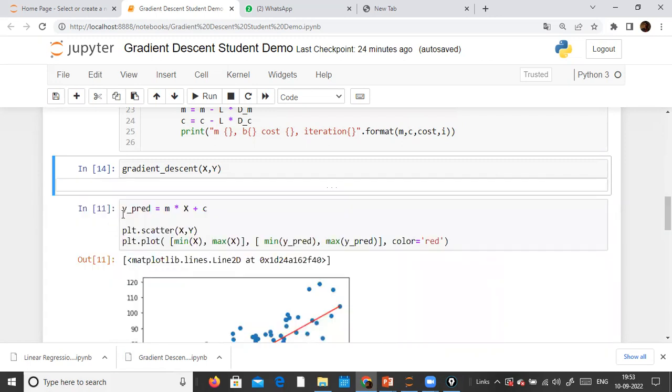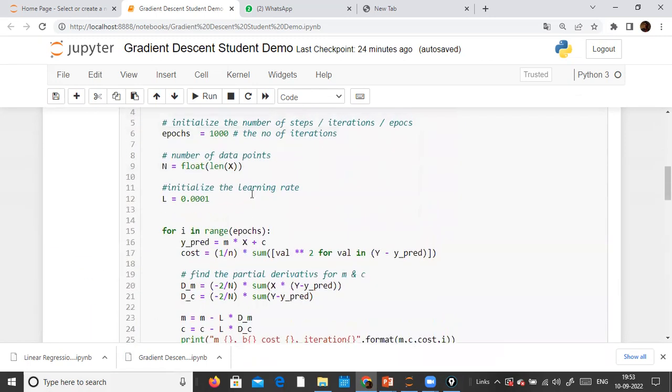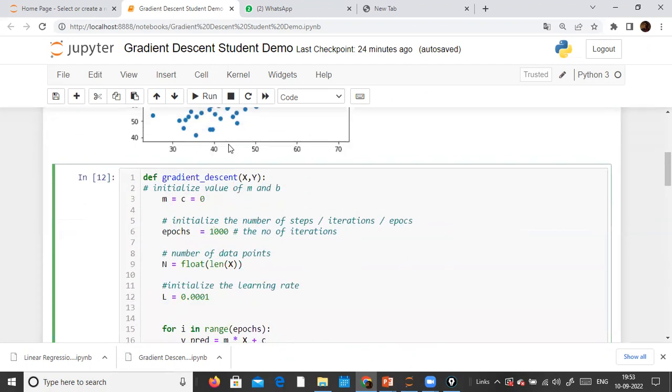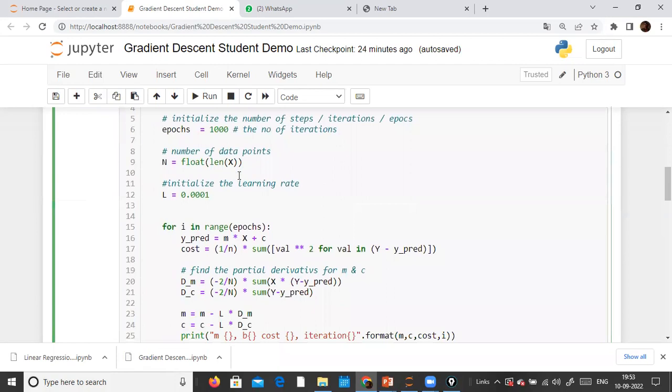Got it? It's pretty simple, right? You're able to understand with this one. Only challenge here is you need to find out the number of epochs. You cannot blindly use 1,000, or 200, or 10,000. If you use more number of iterations, it takes a lot of time, especially when you work with huge volume of data.